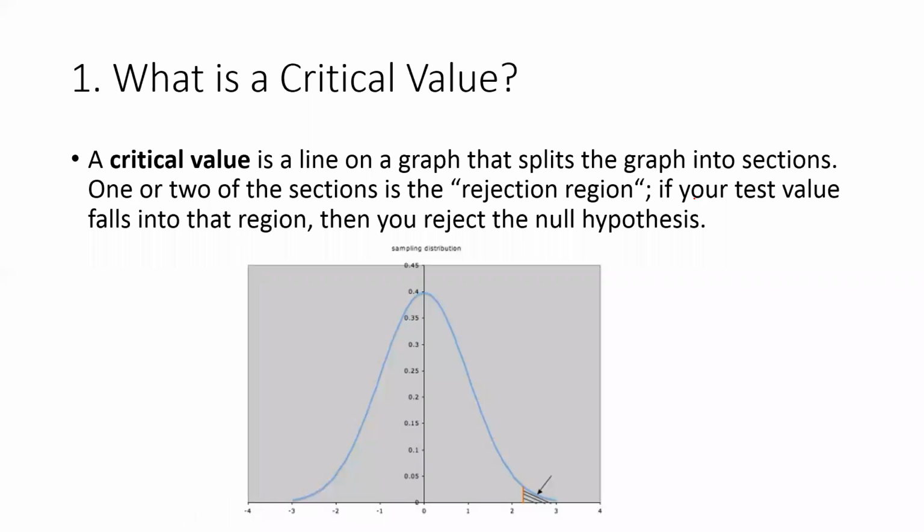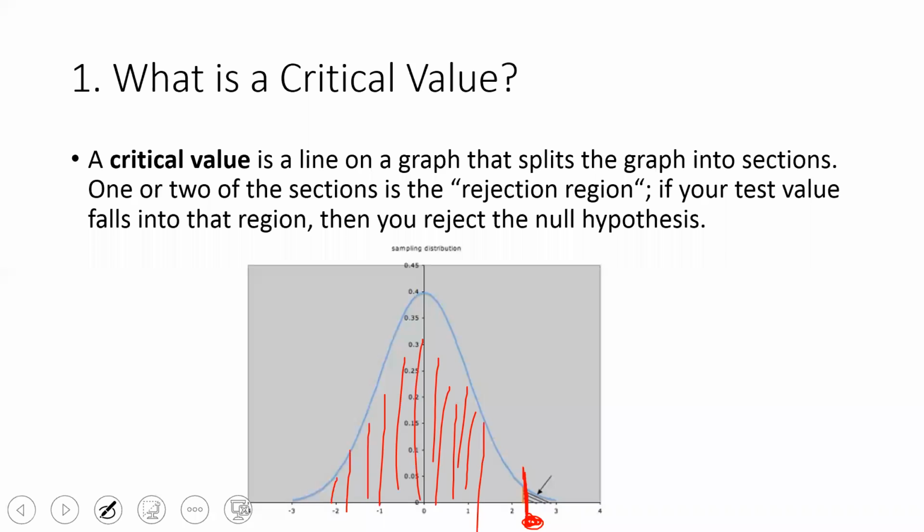This critical value, this x value, divides my distribution into two regions. Out of these two regions, one region will be the acceptance region.